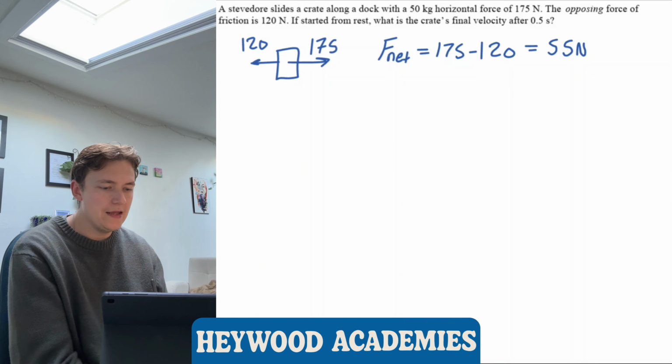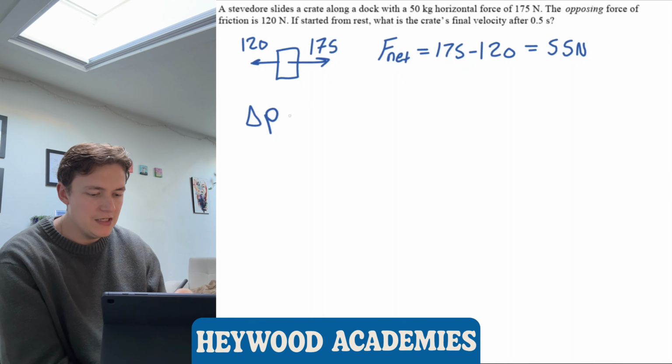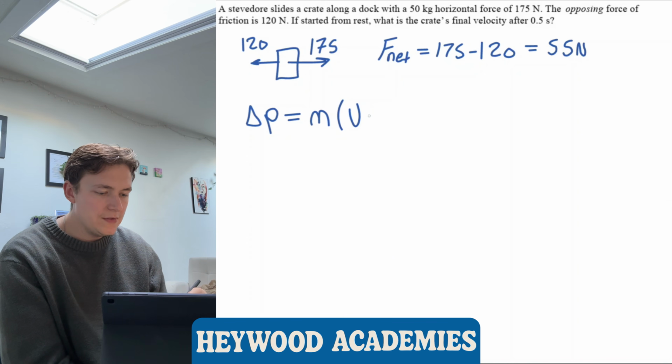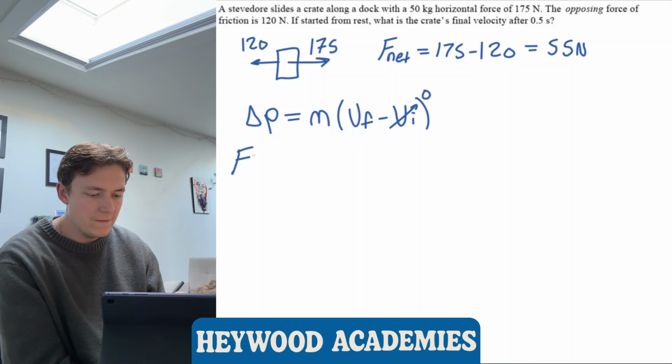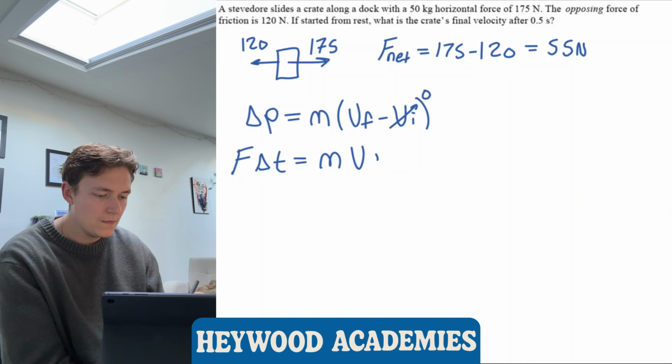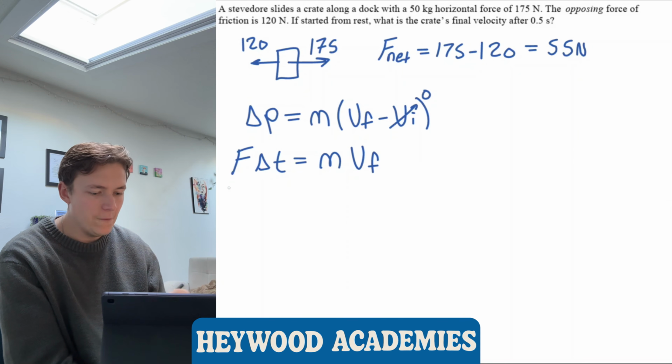So we say that starting from rest, we can start with our change in momentum as mass times change in velocity, where the initial velocity, starting from rest, should be 0. Then change in momentum, we can replace that with force times change in time. And then we can go ahead and plug in our numbers. The force in this case is going to be 55 because it's the difference between those two forces.